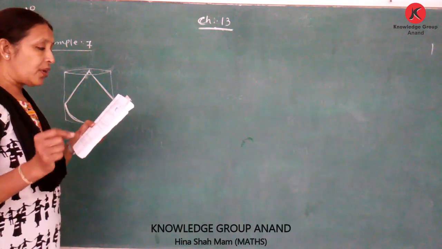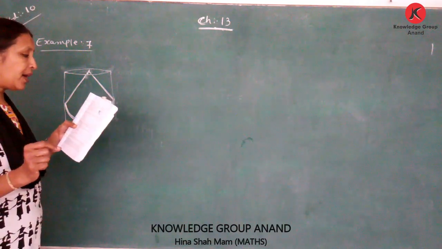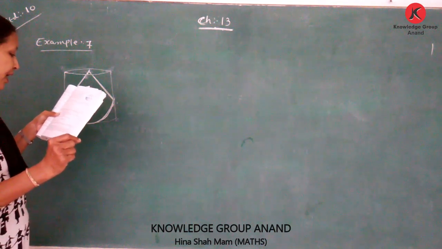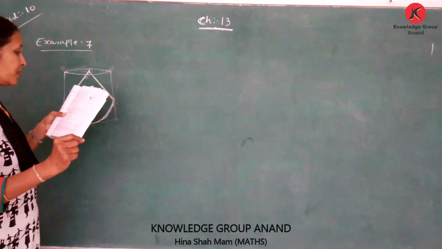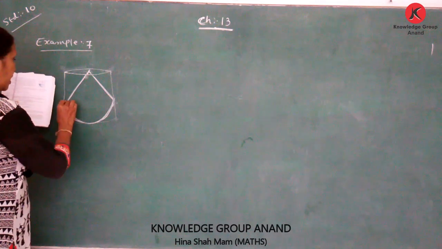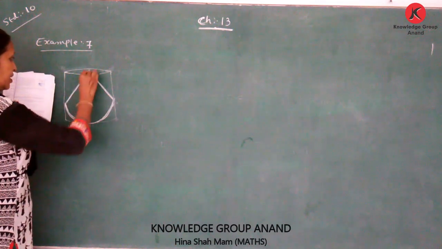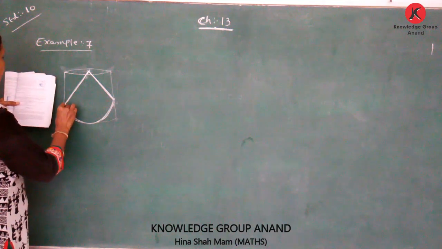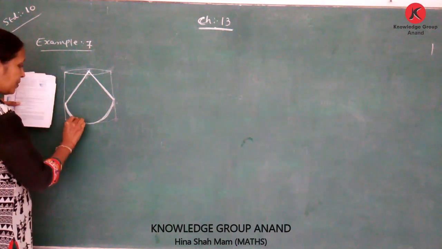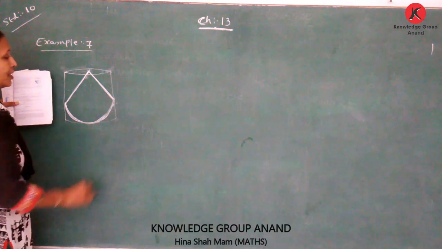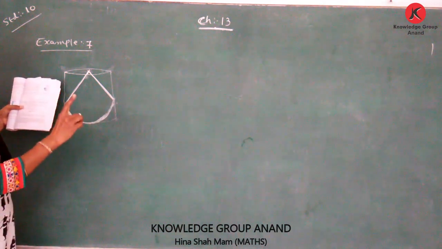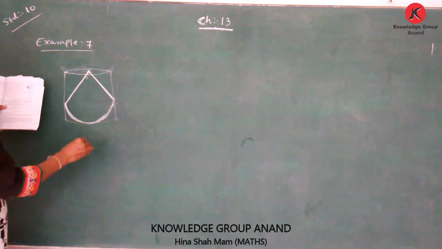A solid toy is in the form of a hemisphere surmounted by a right circular cone. The height of the cone is 2 cm.